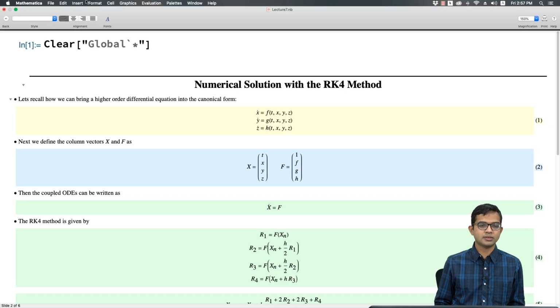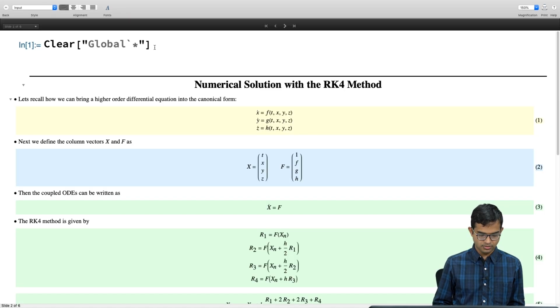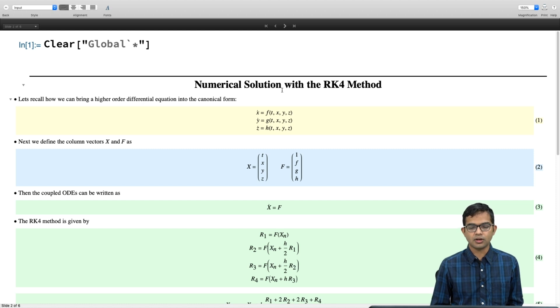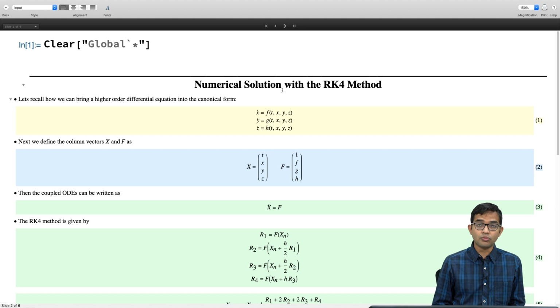All right, so as always, it's useful to start a Mathematica session using this clear, which I have just done already, and I'm going to quickly flash this RK4 method slide. You must have seen it before. So basically the idea is that you first rewrite your equations in this canonical form, and so there is this very nice generic formulation, right, which we have in terms of vectors, where you basically include time also into your x vector, and then you rewrite your differential equation involving as many variables as you need, and of whatever order, right?